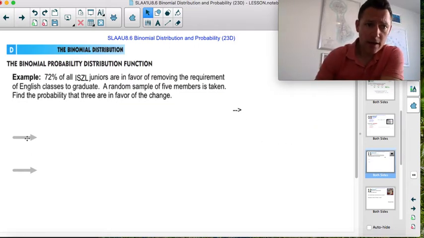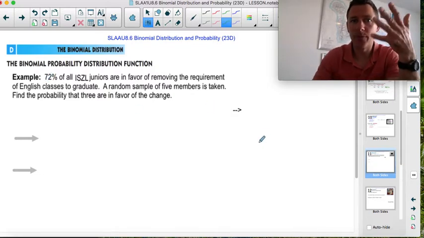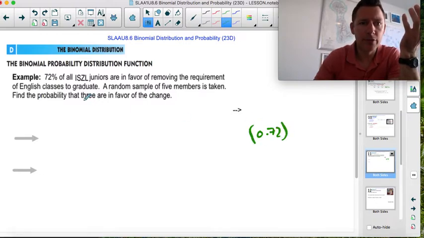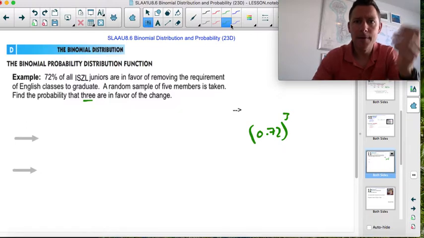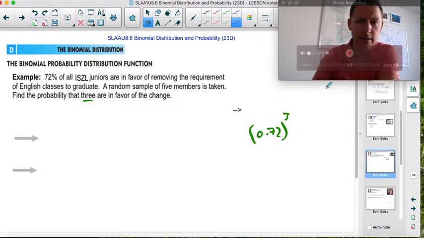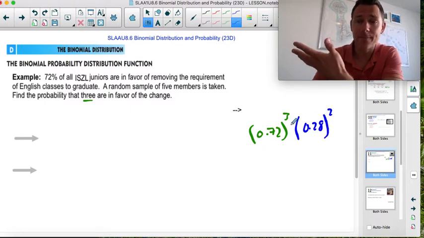So, if we were to do this, let's do this the slow way. The slow way is 72%. I need to survey 5 people. I need 0.72 to happen 3 times. And I need the complement, the 0.28, to happen twice because there's 5 people, right?